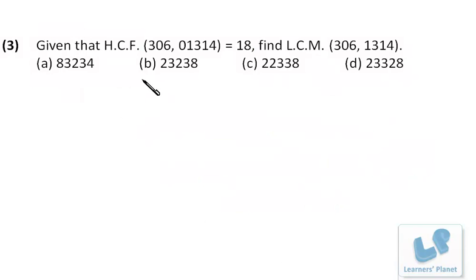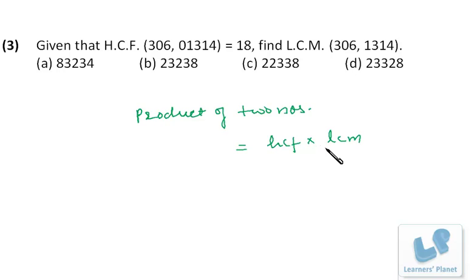Now in this question, HCF of this and this is 18. We have to find their LCM. So we know the formula that HCF into LCM of two numbers is the product of the numbers, right? So the product of two numbers is equal to their HCF into LCM. So we'll be using the same relation over here. Now the product of the numbers is 306 into 1314.